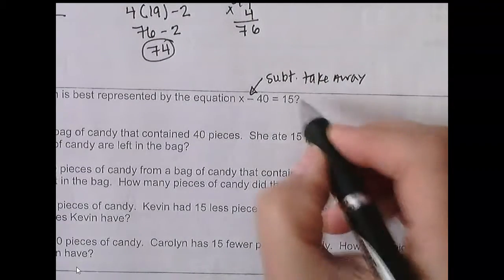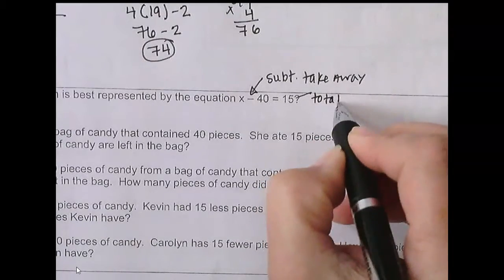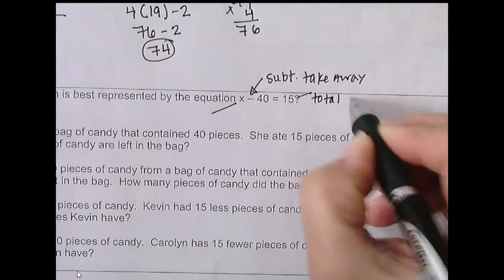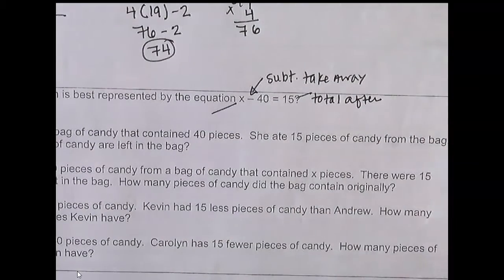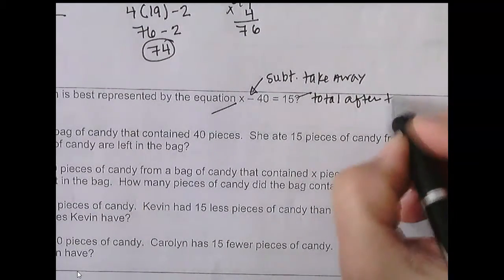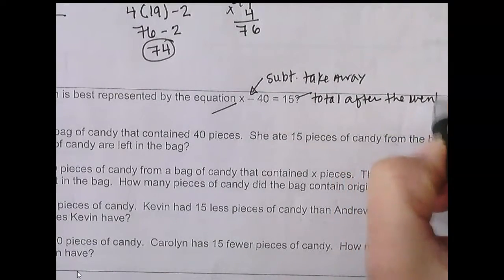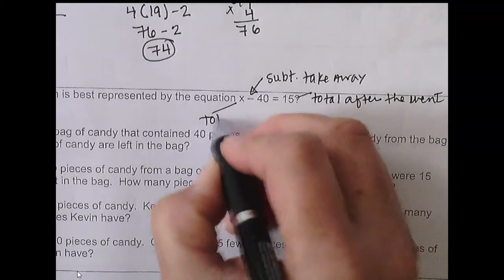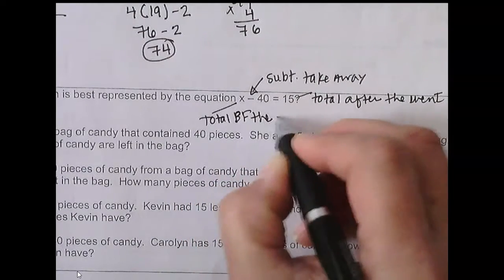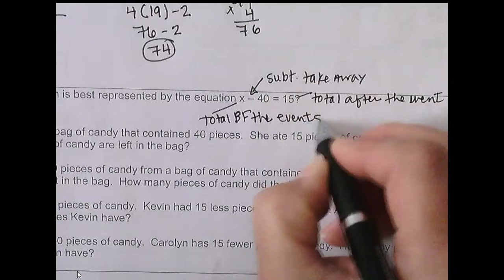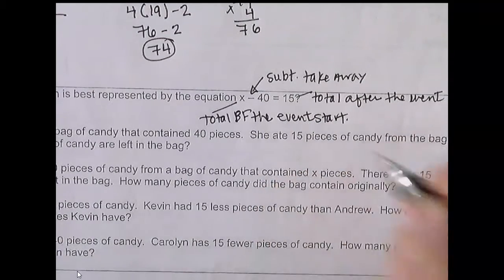This is your total after you did something, after the event. This was your total before the event started. I don't even know what the event is.